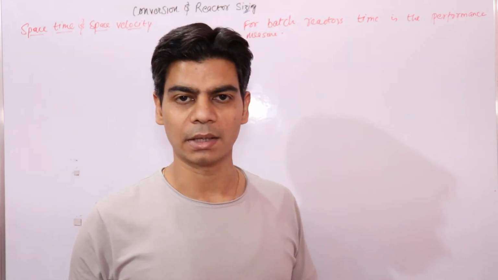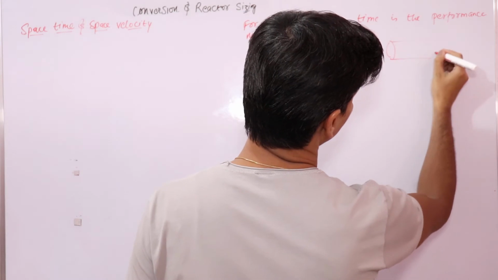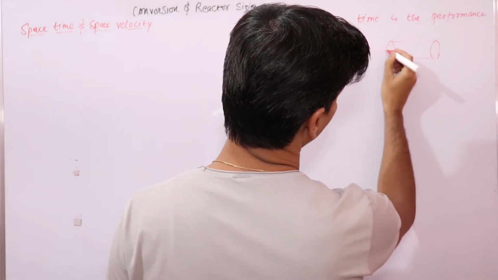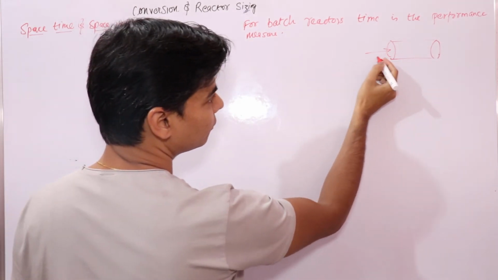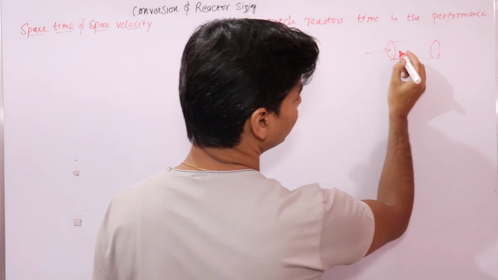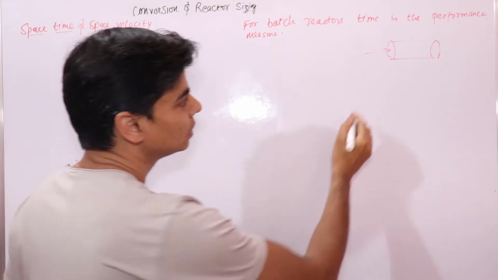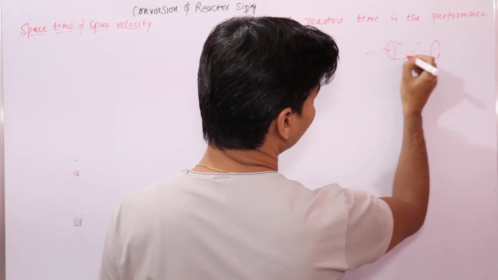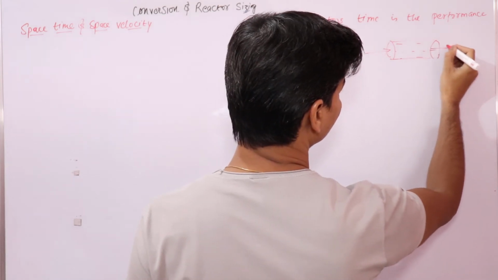What about flow reactors? Flow reactors, if you remember, suppose this is your PFR, right? We are feeding this reactor from one end, right? And the feed, which is basically the reactants, will travel the entire volume of this reactor and come out from the other end, right?